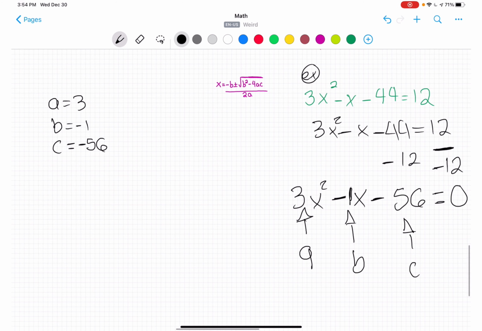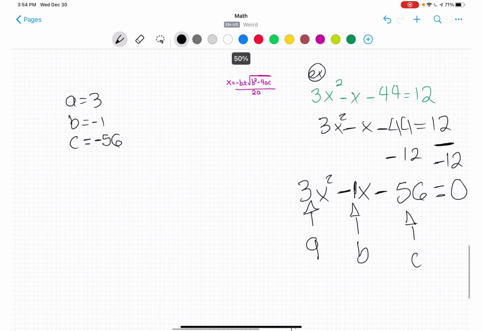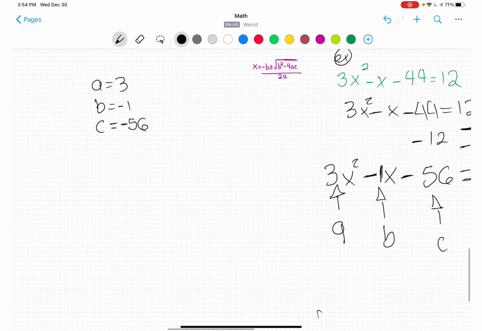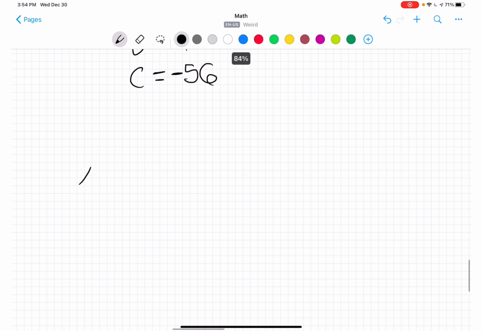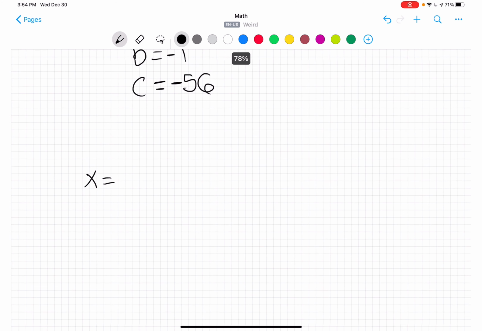So it's time to evaluate, or just input the values into the equation. Here we would do x is equal to negative b.